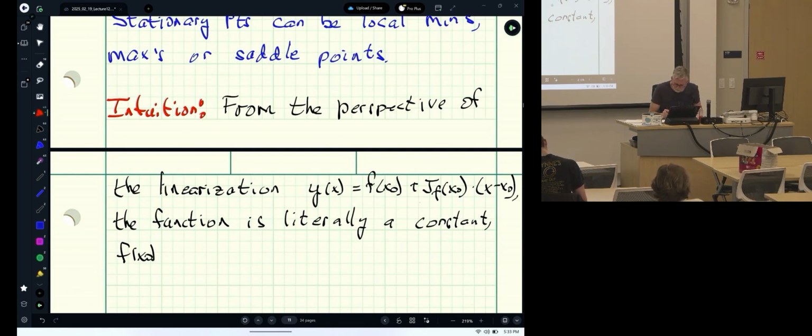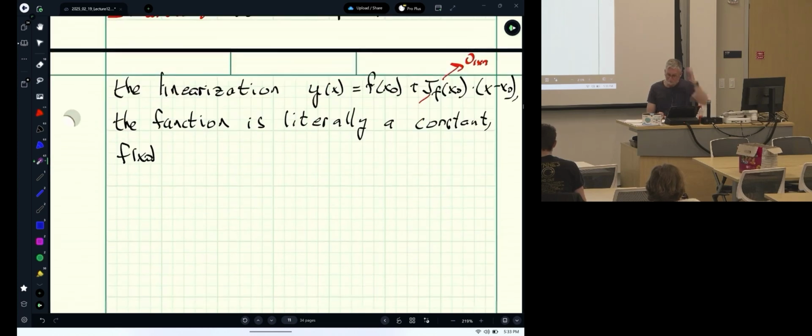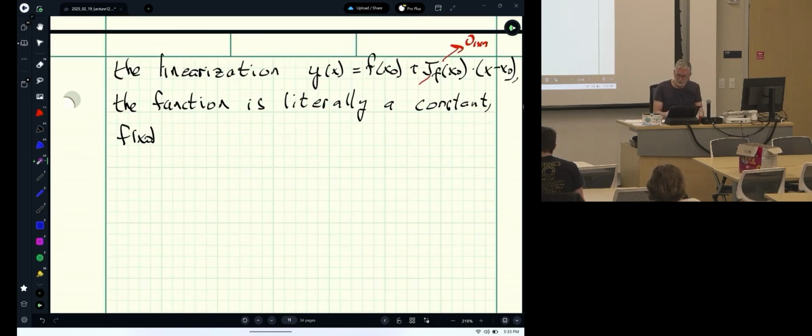Okay, so at a stationary point, that puppy is 0. And so for the linearization, all we have left is this. And so as we move x, nothing is moving, the value of the function is stationary. Okay, that's where that comes from.